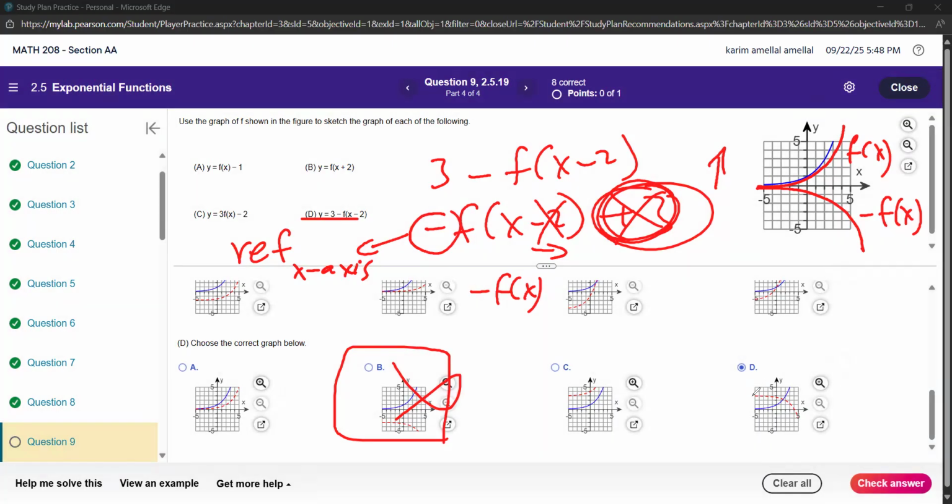The red function will be above, and then it will move 2 units to the right. The original one was standing here, and the shifted one will stand here. And then the negative, the reflection about the x-axis, this is what happened.